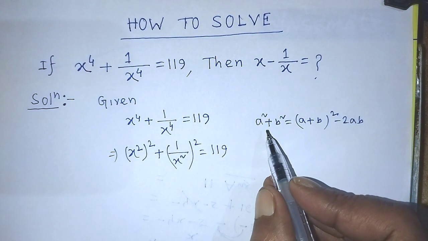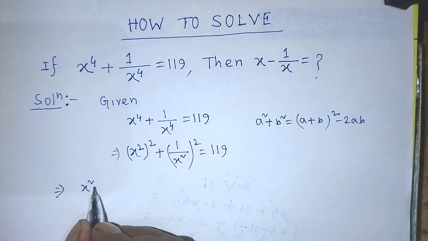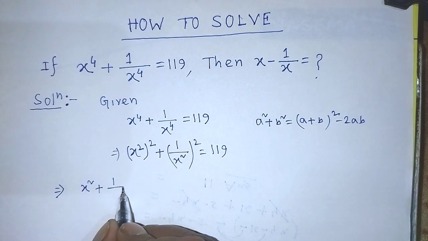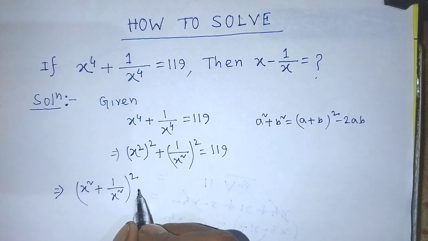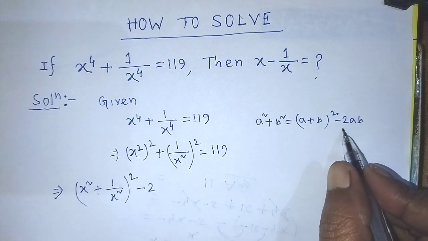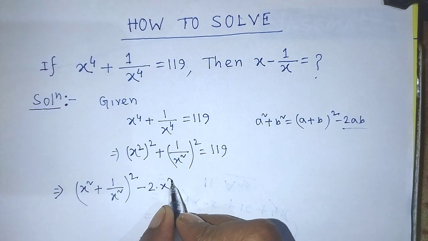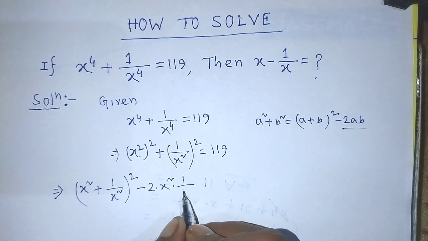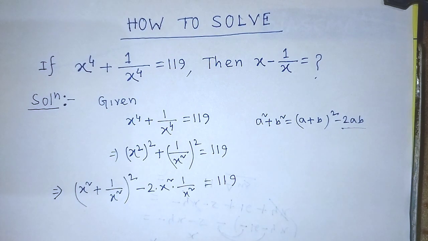Student, according to this formula we can write x square plus 1 over x square whole to the power 2 minus, in the place of 2ab, 2 into x square into 1 over x square is equal to 119.